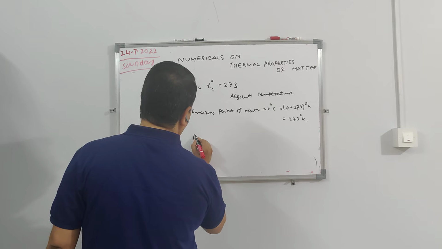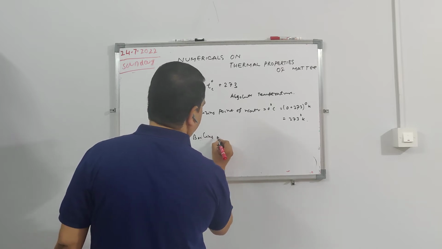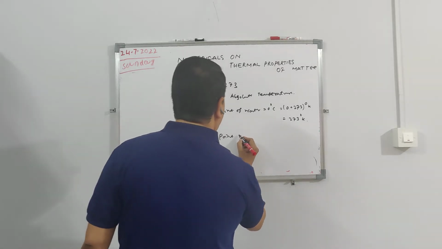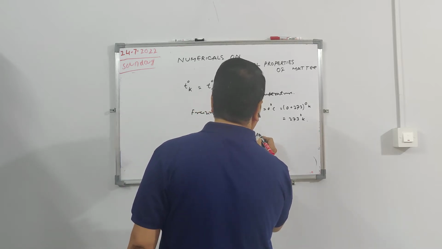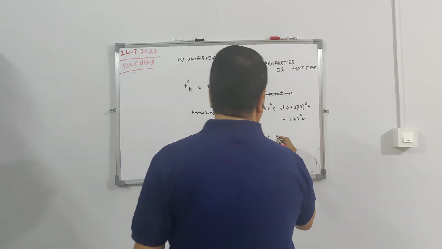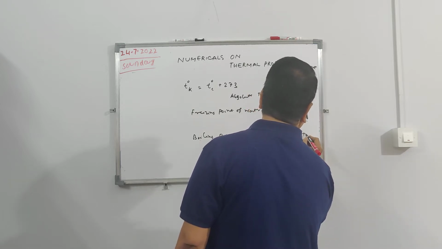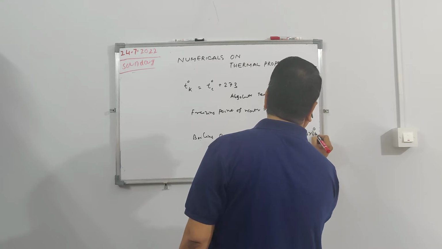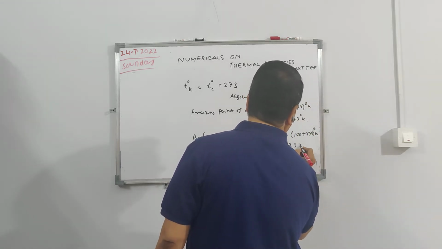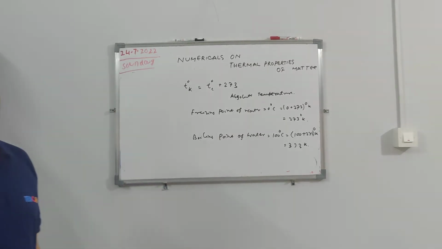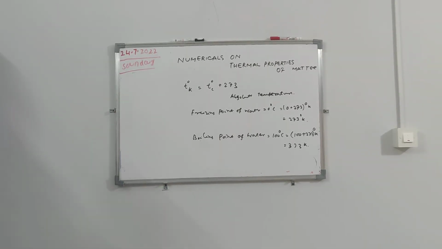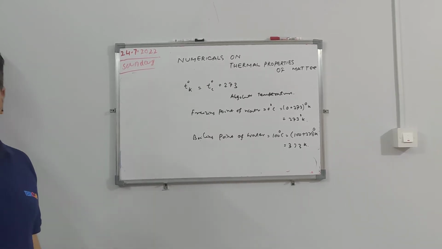Similarly, the boiling point of water, which is 100 degree centigrade, is 100 plus 273, which is 373 degree Kelvin. So this is how you convert degree centigrade into Kelvin or Kelvin to degree centigrade. When you want to convert Kelvin to degree centigrade, just subtract 273.